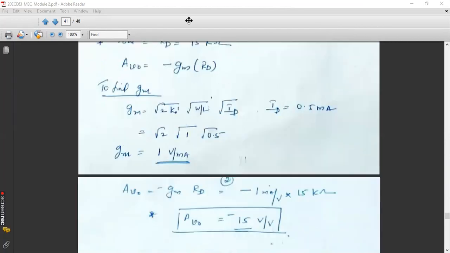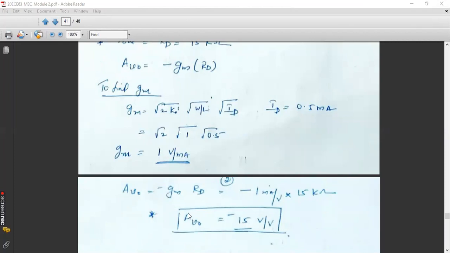So your answer will be minus 15. And there is no unit for gain. It will be V by V. Volt per volt means it will get cancelled. So the answer is minus 15. That will be your answer for AV.